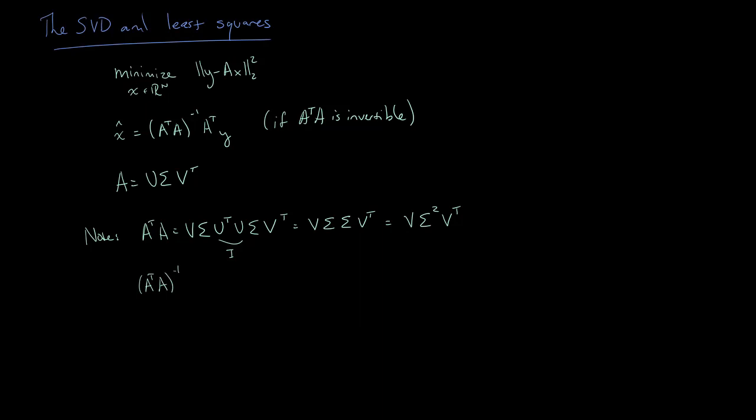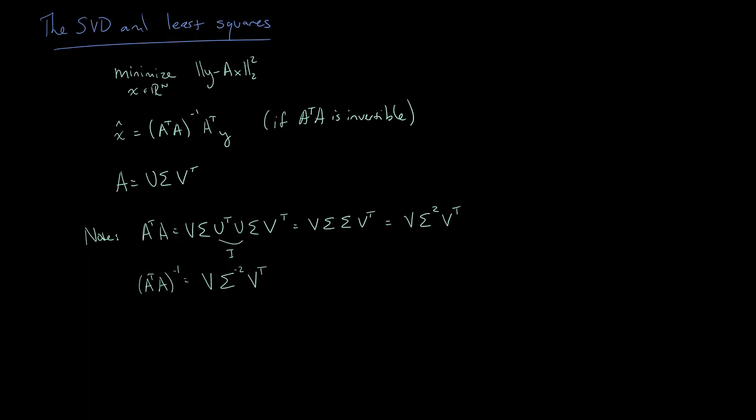This also means that (A transpose A) inverse is going to be given by V times sigma to the minus 2 times V transpose. So sigma to the minus 2 here simply means the matrix with 1 over sigma squareds along the diagonal. There are many different ways to prove that this is the inverse. It's actually a consequence of something called Sylvester's matrix theorem.